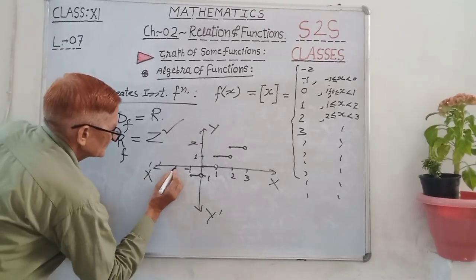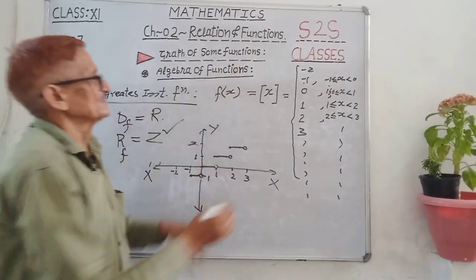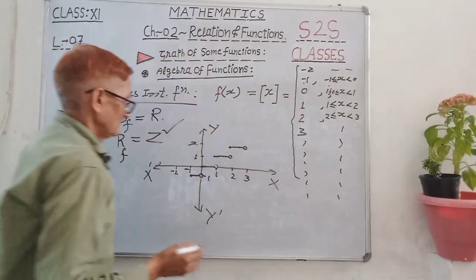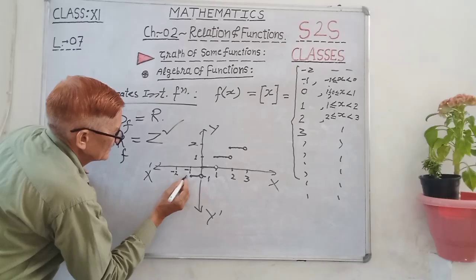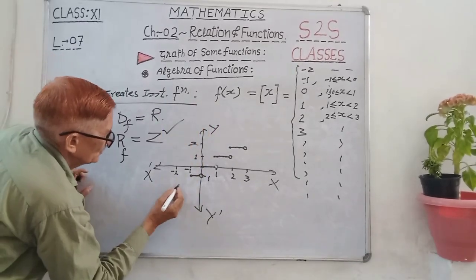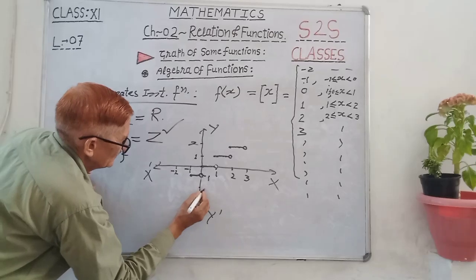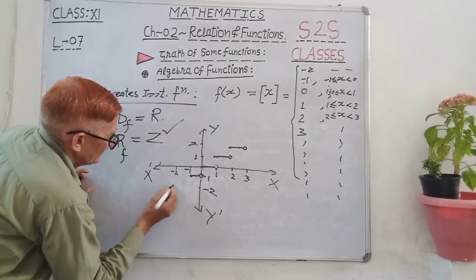Now here, between minus 2 and minus 1, y is minus 2. This means here it is dark. If x is equal to minus 2, then y will be minus 2.